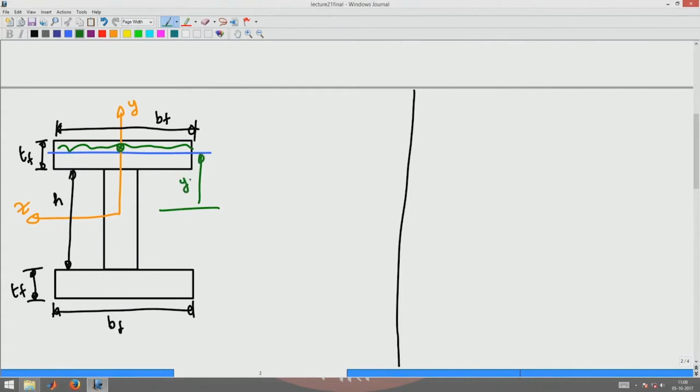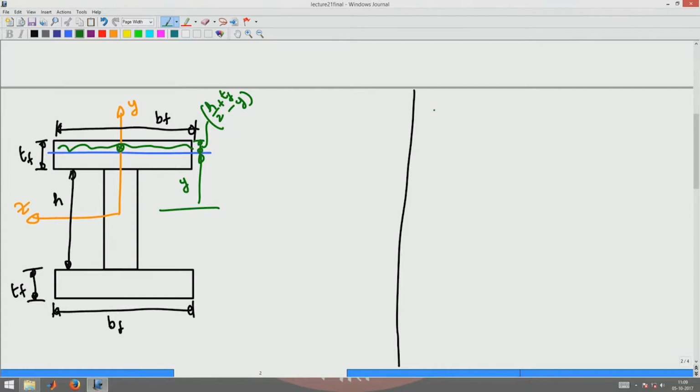Then that distance would be h by 2 plus Tf minus y, because h by 2 plus Tf would be the distance from here to the top of the top flange. So, that will be that distance.